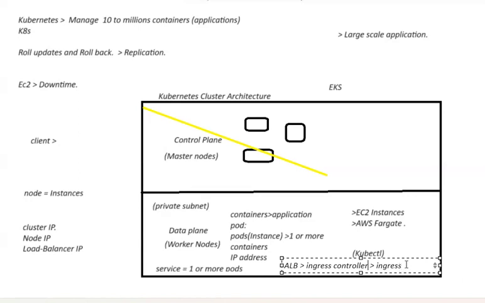From there the ingress security group will allow it to your service, and the service will allow the request to pods, the pods allow the request to containers, and the containers allow the request to applications. From the application the request will be accepted and the response will be provided. By the same route back, the client will get the response.